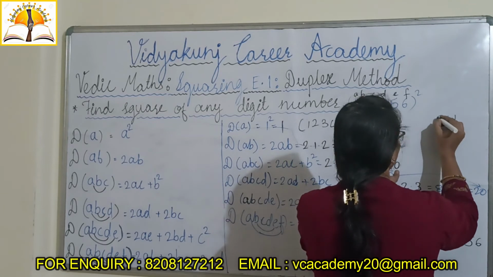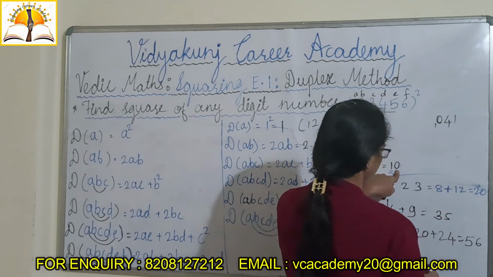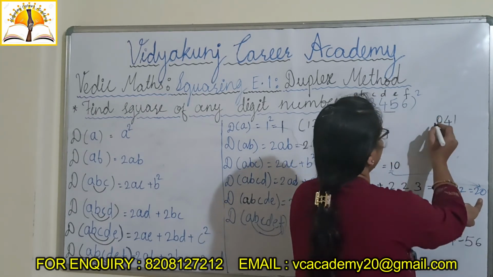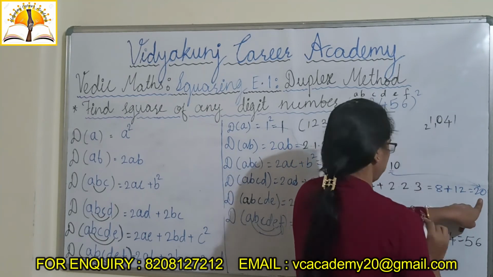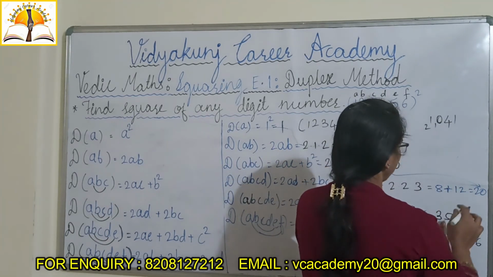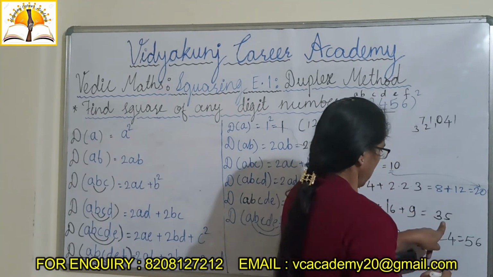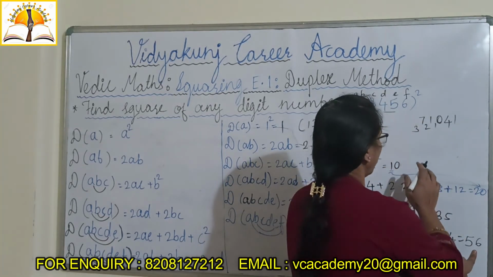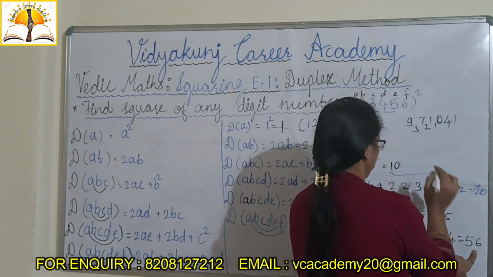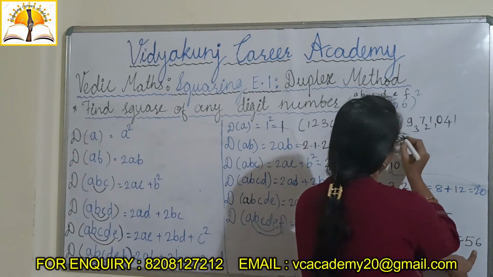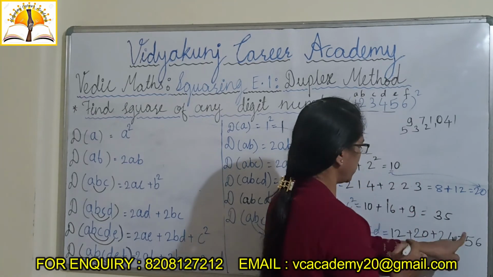Here 10 means 0. 1 carry. Here 20. 20 plus 1, 21. 2 carry. Here 35. 35 plus 2, 37. 3 carry. 56. 56 plus 3, 59. Okay. 59. 5 carry. Again I have to take it back.